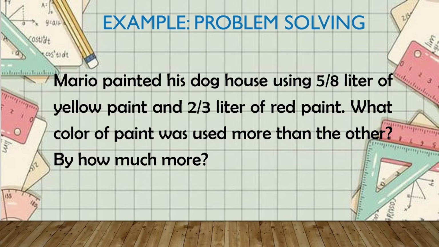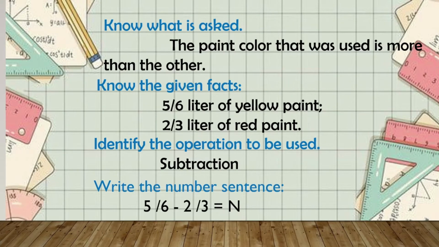Okay, so we are going to answer this problem using the 5 questions. Here we get the answers to the questions to solve the routine problem. First, know what is asked. So what is asked in the problem? The answer here is the paint color that was used more than the other. That is the question in the problem.